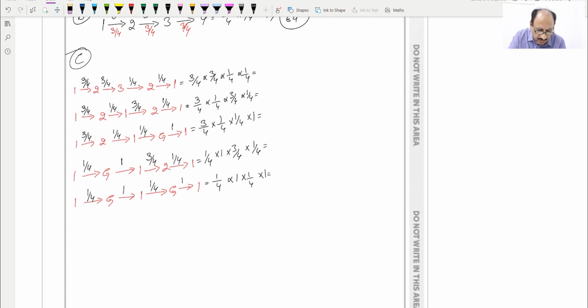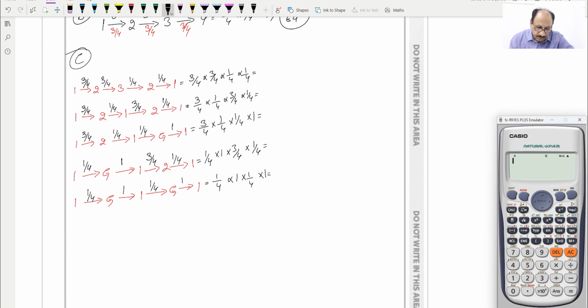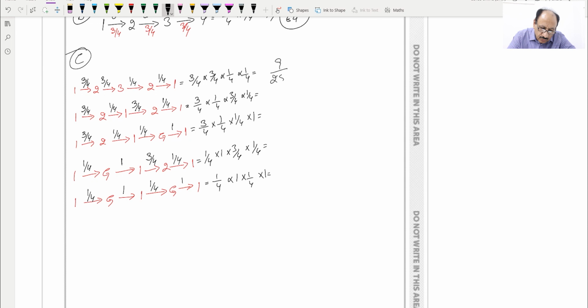And now we can solve this. This will be 9 over what? 4 times 4 raised to power 4 will be 256. So 9 over 256 for this one, and this is also 9 over 256.